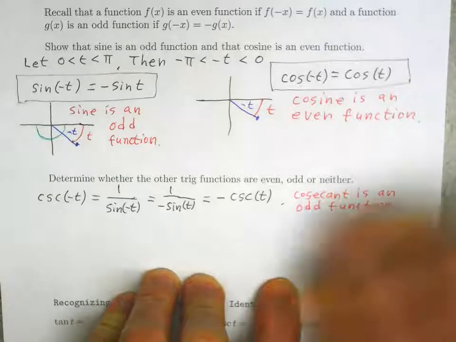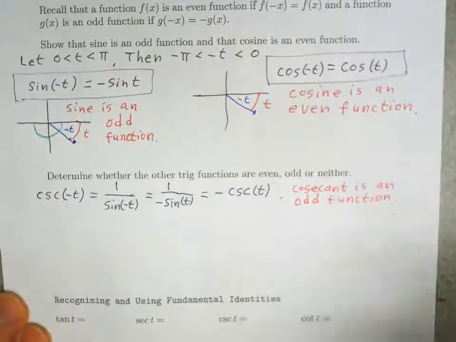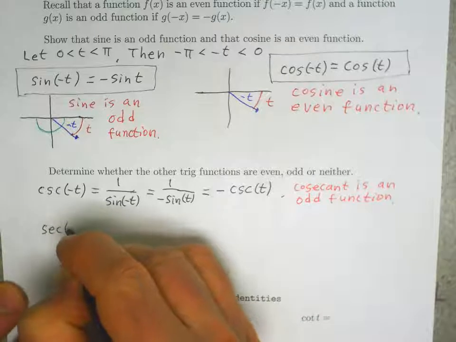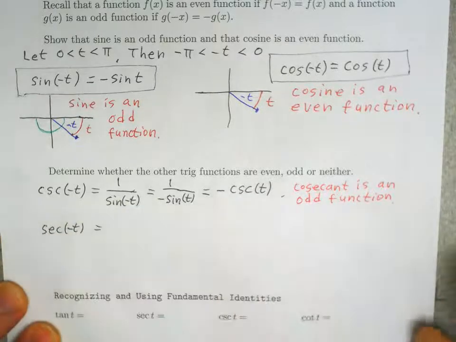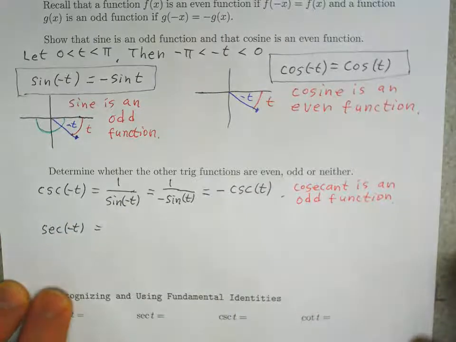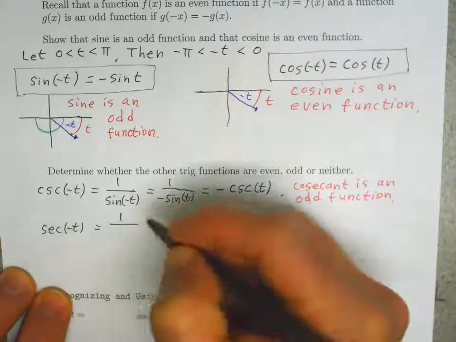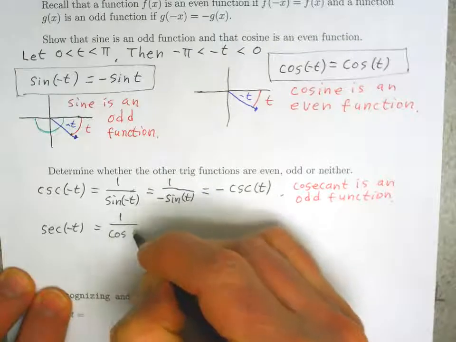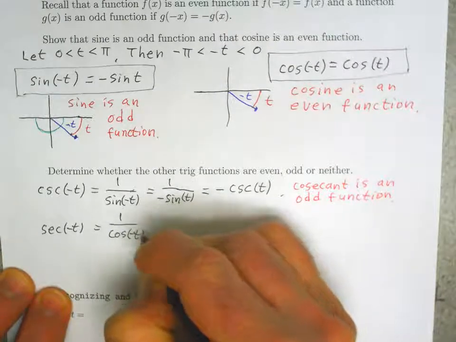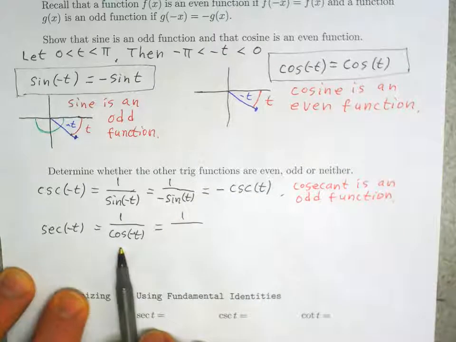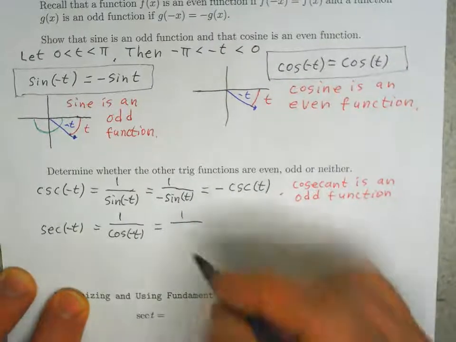So you can probably guess what's going to happen next. Secant of negative t. Well, secant is the reciprocal of cosine, so secant of negative t is 1 over cosine of negative t. But cosine is an even function, so cosine of negative t is cosine of t.